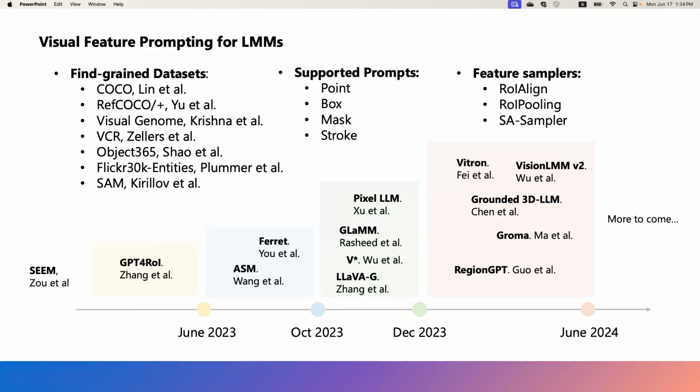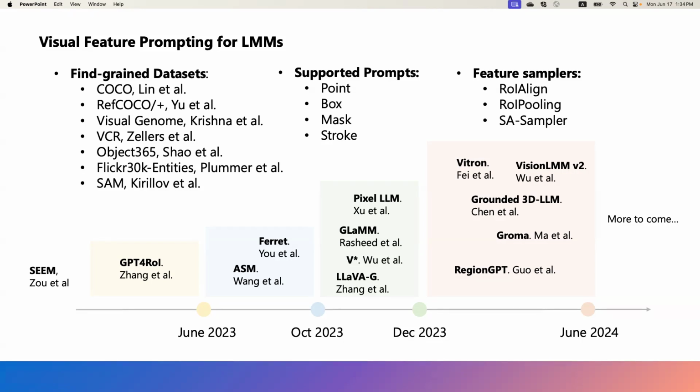The overall pipeline or strategy is, first, they need fine-grained datasets: COCO, RefCOCO, Visual Genome, Object365, etc. Second, they want to exhaustively support as many types of visual prompts as possible, like point, box, mask, and stroke, because these types of prompts are very natural HCI interaction media, right?